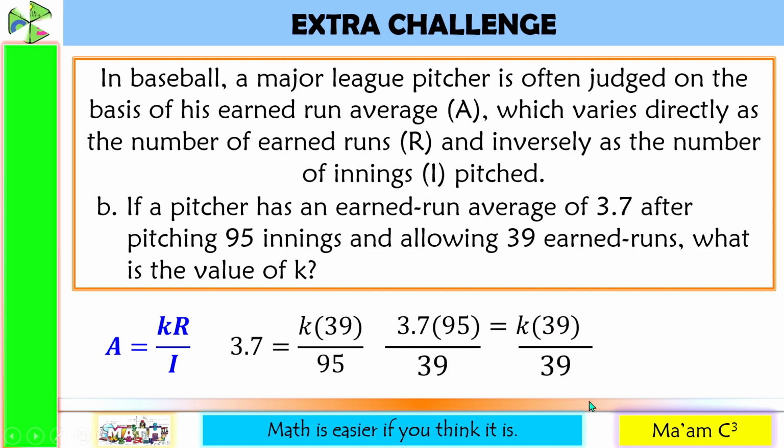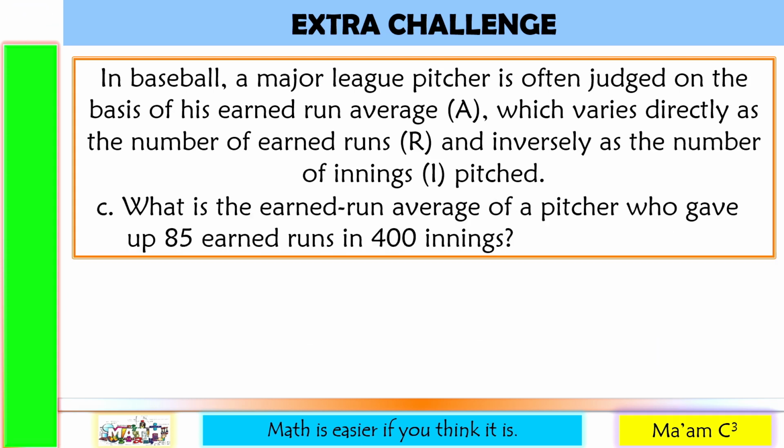This 39 here will cancel out. 3.7 times 95 is 351.5. Divided by 39 is equal to 9.01, or round off to 9. Let us answer letter C. What is the earned run average of a pitcher who gave up 85 earned runs in 400 innings?